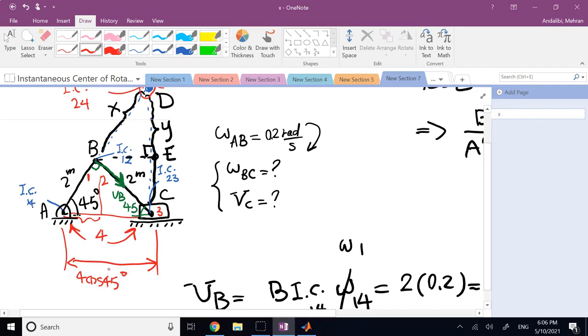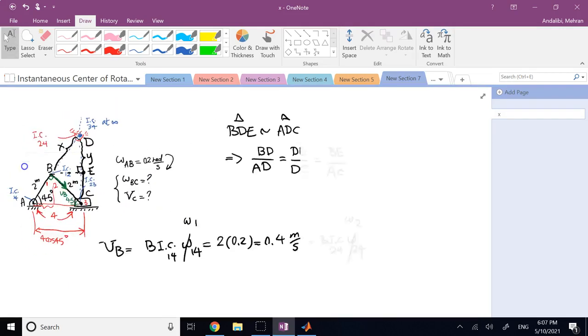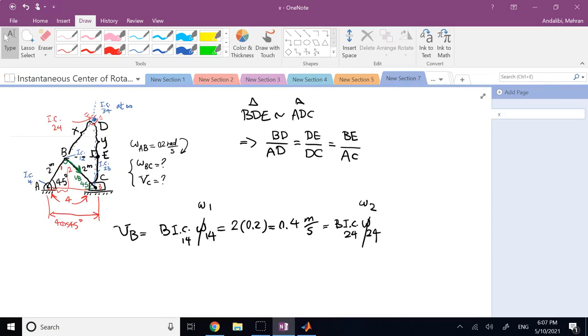And 2 cosine 45 is the distance from B to E, but A to C is twice as much, and it is 4 cosine 45. So if you want to go there and write it down, this distance is 2 cosine 45. This distance is 4 cosine 45. So the ratio is 1/2.